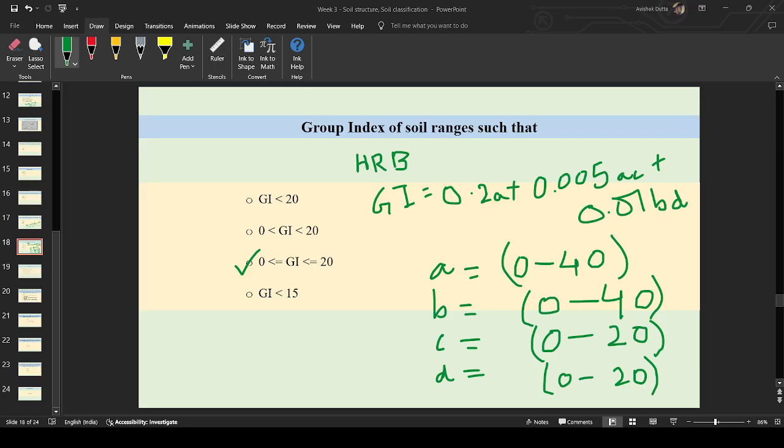Please check any soil mechanics reference book, because when I say the group index is more, that means the value of these parameters will be more, right?